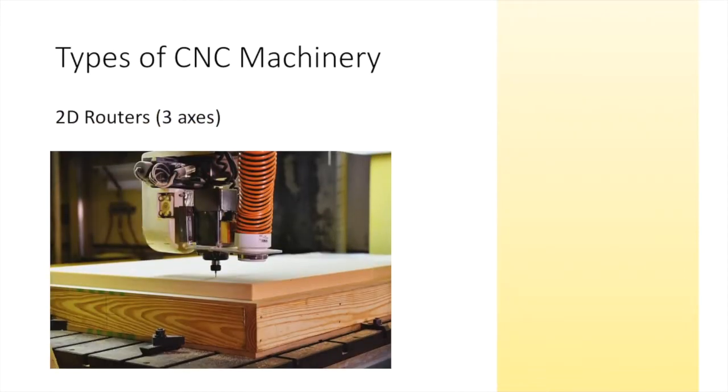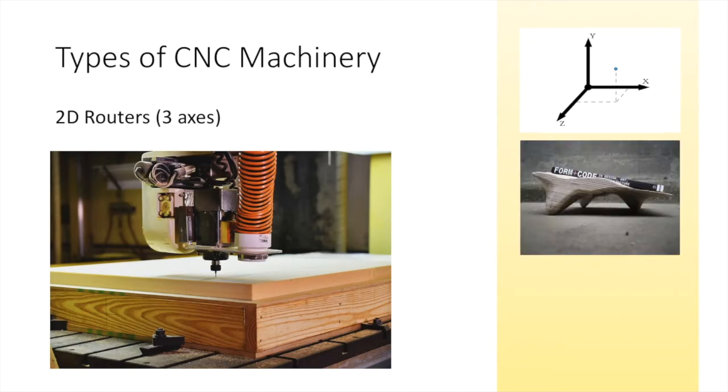Another type of CNC machine you might have seen is a two-dimensional router, which has got 3 axes. We say 3 axes because it runs along the X and Y axis across the bed, and the Z axis is introduced for depth or up and down. You can create a range of products with these, really. You can create boxes, you can create signs, you can create really quite strange and elaborate organic shapes.